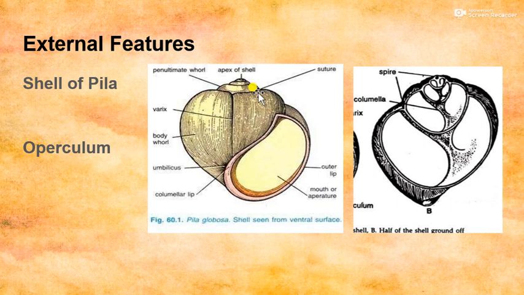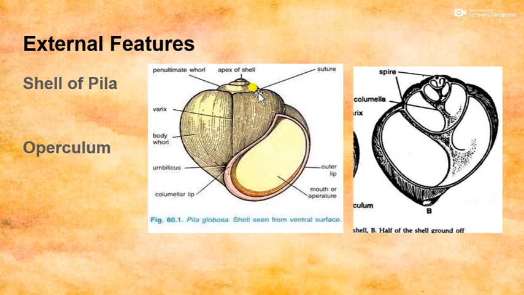And below the apex is a spire consisting of several successively larger whorls or coils, followed by penultimate whorls and the largest whorl or body whorl, which encloses most of the body. These lines of the whorls are called sutures, and internally all whorls of the shell freely communicate with each other.